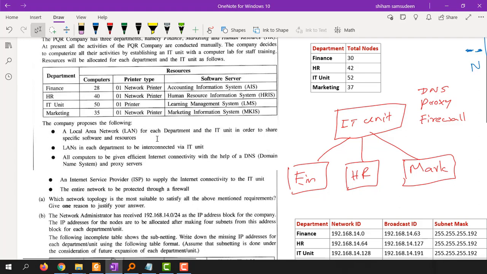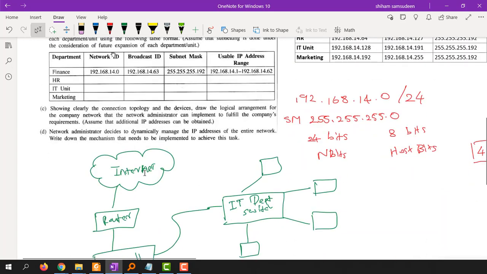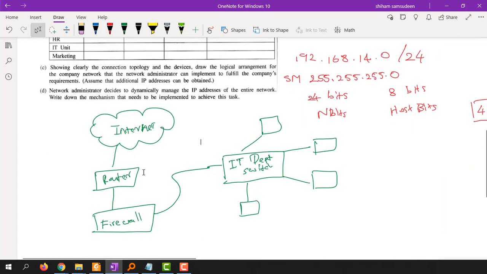All right. Also for the IT unit, what we have here for the network ID is 14.128, right? So it has 50 computers. So this is computer 1 and this is computer 2, and let's say this is computer 50, right? And one of these computers can also have the printer, right?